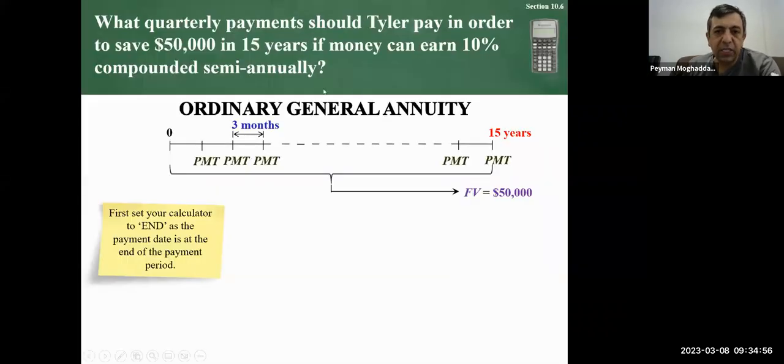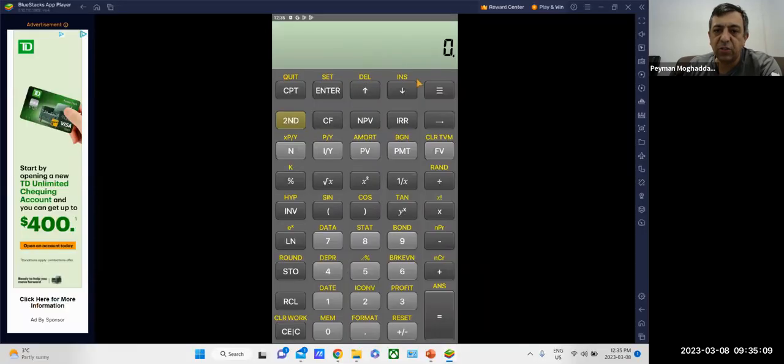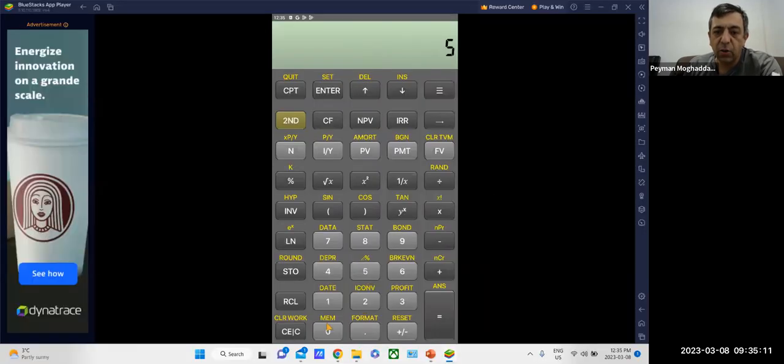All right, so let's do this in the calculator, as I said. The future value is $50,000. So he's going to save $50,000 in future value. The present value is 0, because at the beginning he didn't have any money, so he just wants to put in from 0.